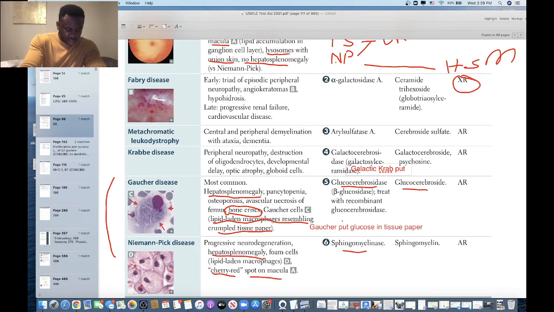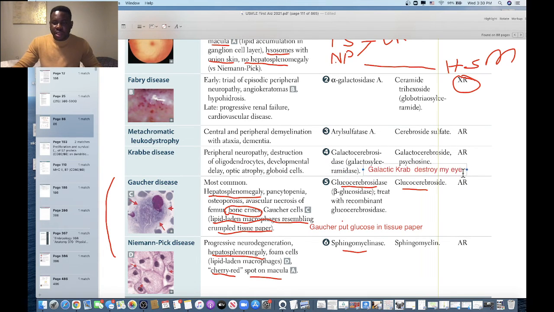Galactic crab destroy my eye, because this is the only one that has the eye involvement, the optic atrophy. Galactic crab destroys my eye.